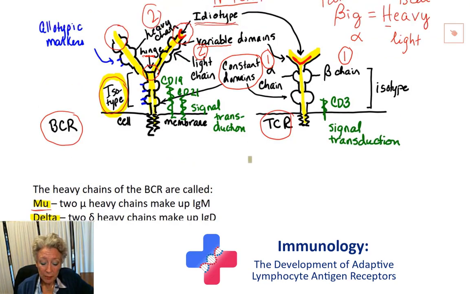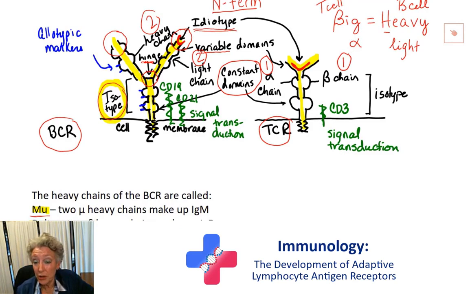Now, similarly, my light chains have isotypes as well, and I refer to them as kappa and lambda. We sort of ran out of order in the Greek alphabet and simply picked two letters that were easy to write.